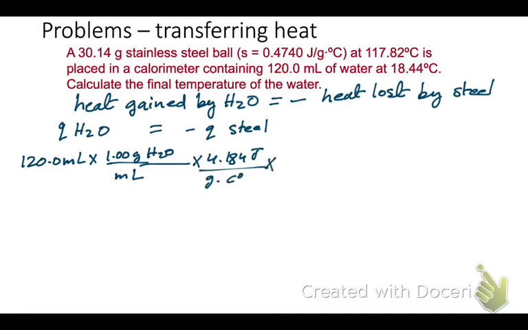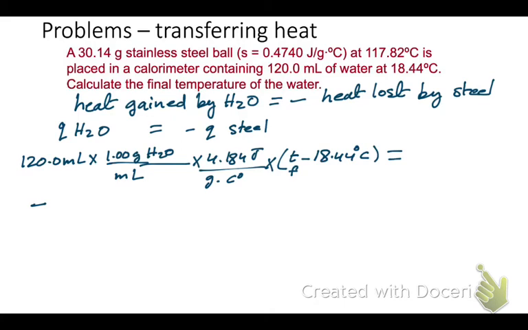And then delta T for water, which is, I know initially water was at 18.44 degrees Celsius, but what was the final temperature? That's what I want to calculate. T final minus initial was 18.44 degrees Celsius. This is equal to, I'm going to put it in the second line, negative Q of steel.